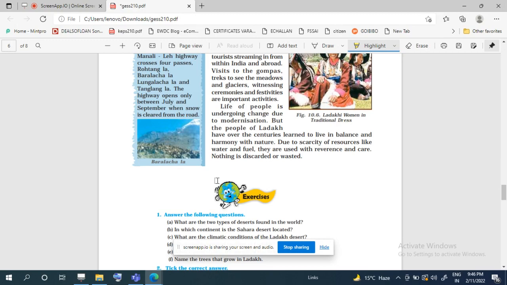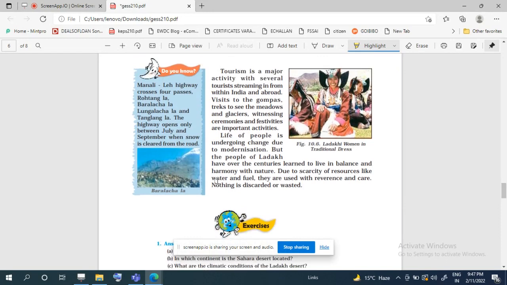There is a scarcity of resources like water and fuel; everything is scarce there. So people know the importance of natural resources. They never misuse the natural resources. They always try to reuse them. This is the important thing about Ladakh, that people know how important natural resources are, so they use them in a very reasonable manner.